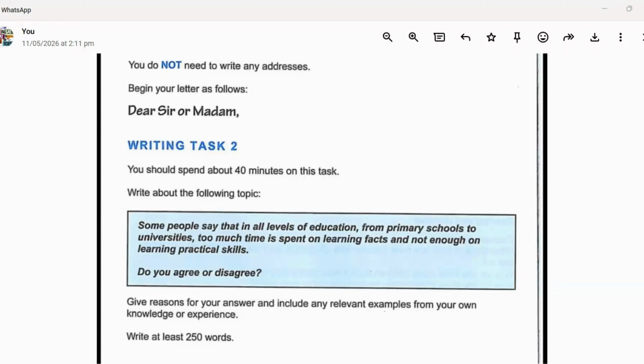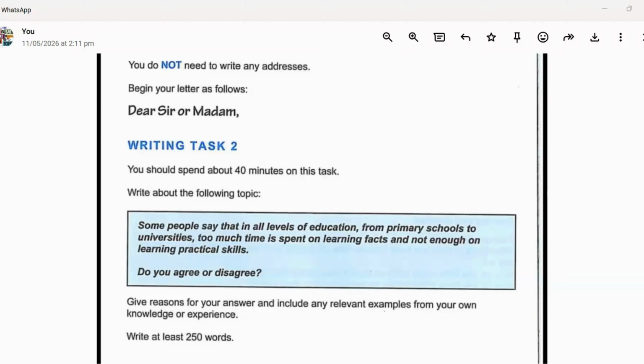But this type of essay is going to be focusing on another aspect. In this particular essay, we're going to be looking at a question that has to do with, do you agree or disagree with this view? We're going to be looking at, to what extent do you agree or disagree with this view? You can see the questions are quite different from what we are used to in secondary school.